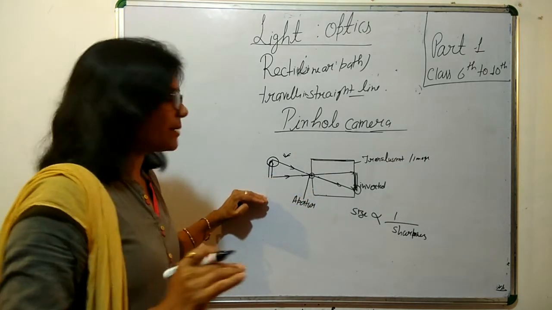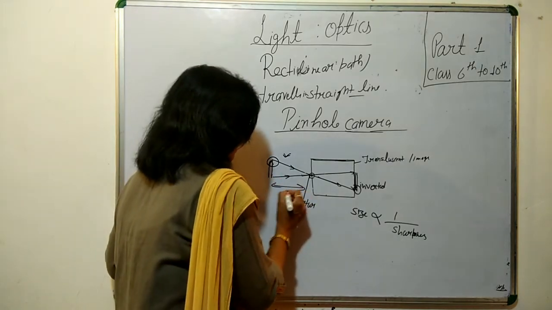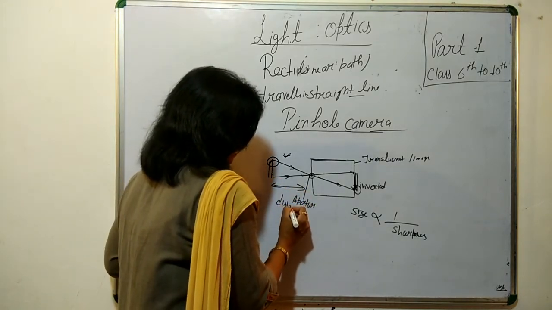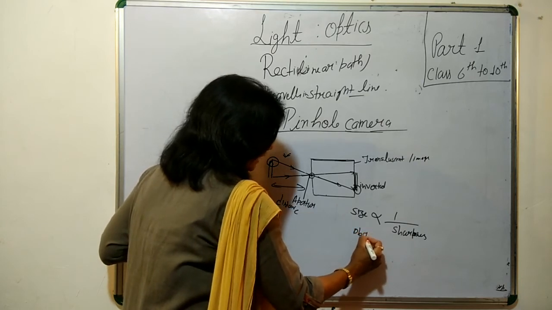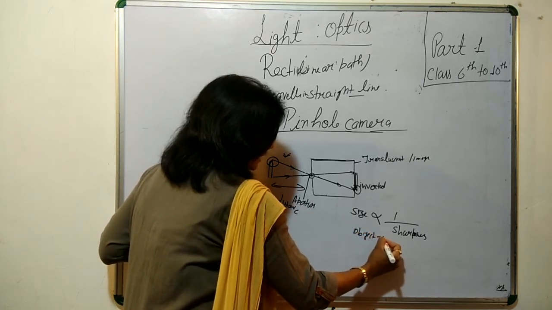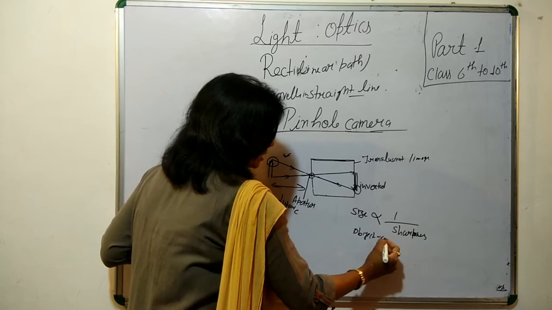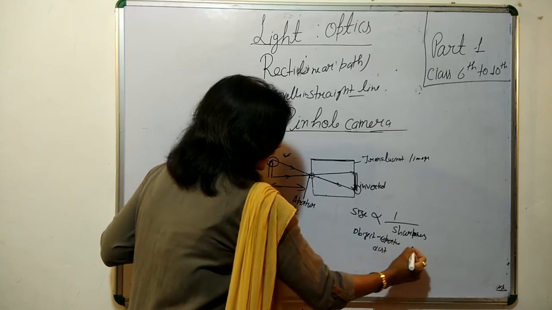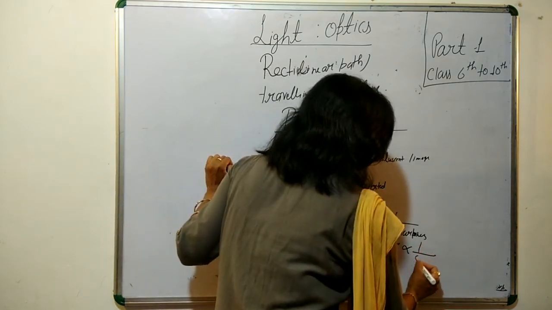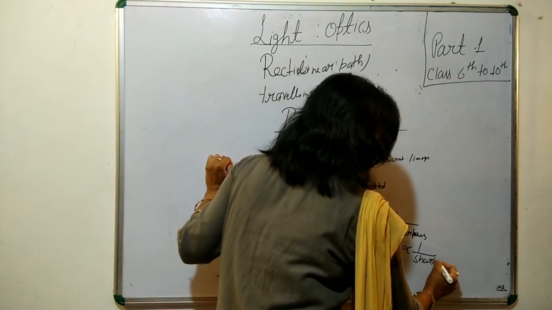To get a sharp image, the distance should be less. So we can say the object's distance from the aperture is inversely proportional to the sharpness.